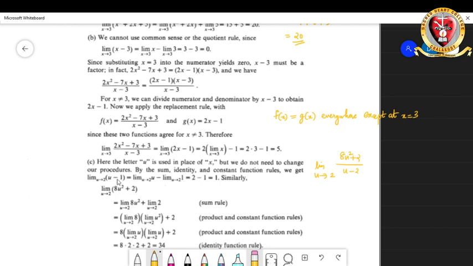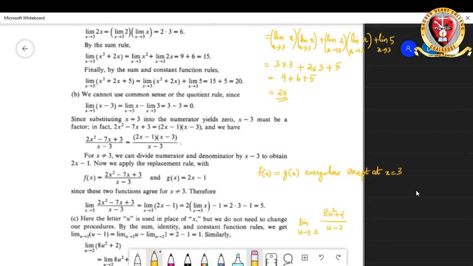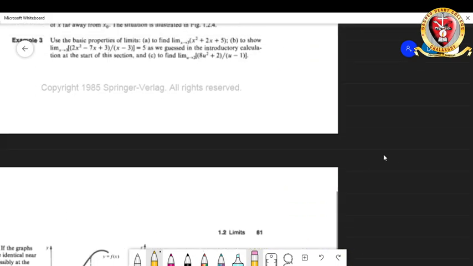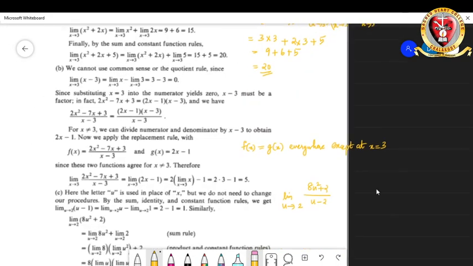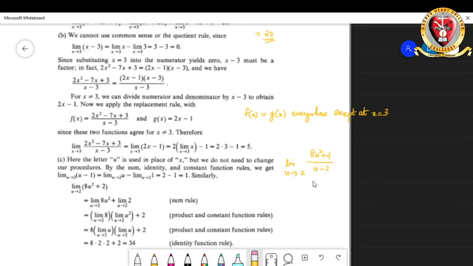Here this is u minus 1, so you can find the limiting values of the numerator and denominator separately and use the quotient rule, because we know that the limit of the denominator is not going to be 0, because that will be 1.